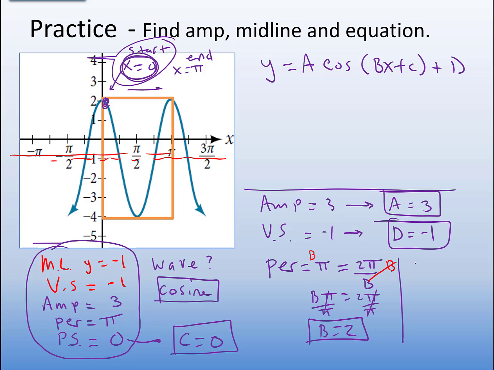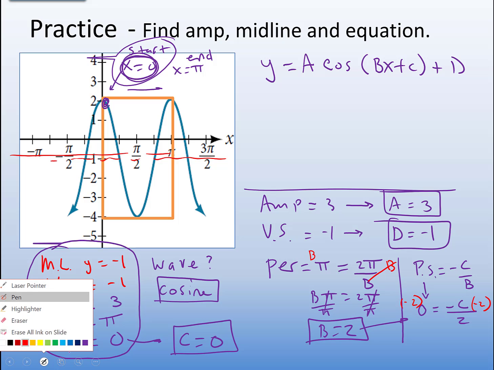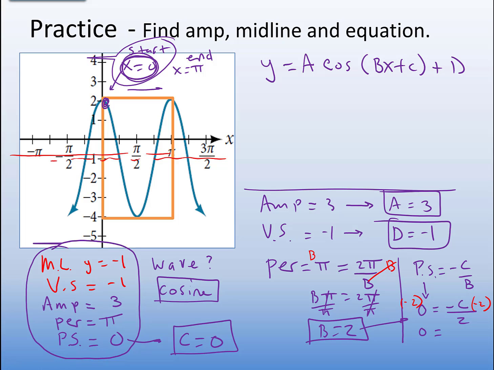So we do have a formula: phase shift equals -C over B. And I can use this formula to solve for C. Now phase shift we've already established from the box equals 0. And -C, I don't know what C is yet, but B I just found, so I'm going to plug in the 2. And then I multiply to get C by itself. -2 on both sides. And -2 times 0 is still 0. And -2 times -C over 2 is C. There I found C was 0.